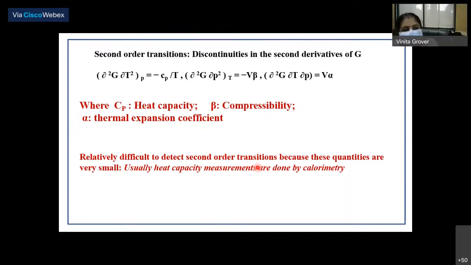The changes happening in the second order phase transition are small, which means that most of my first order phase transitions should be reconstructive, isn't it? And most of the transitions associated with the second order phase transition should be displacive because they bring about smaller changes, isn't it? So if you go and look behind what is happening, that gives you a much better understanding of the process happening in the material.